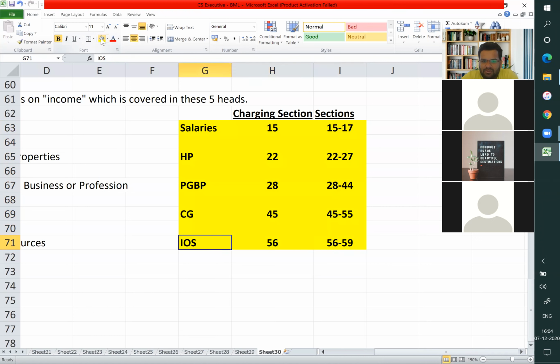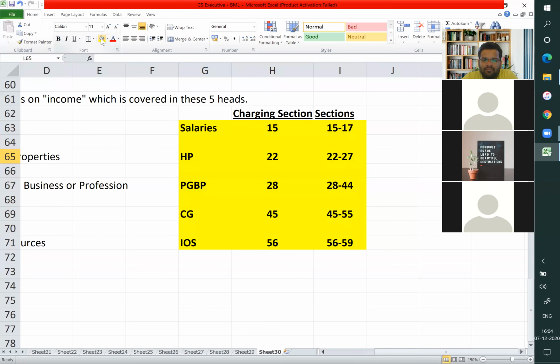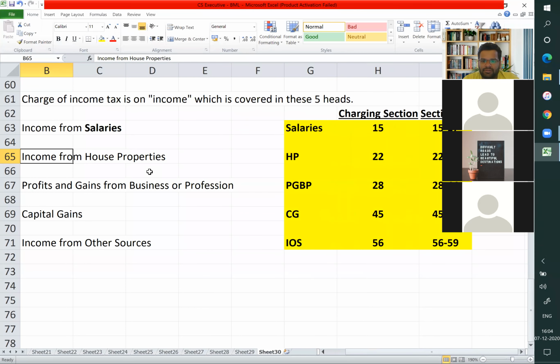Heads in the short form are written here, and the full form is here. You have already written the full form, so there is no tension about that. As we go ahead, this will become a regulation. This all will be no problem at all as we go ahead. Chalo, tell me once you complete this.